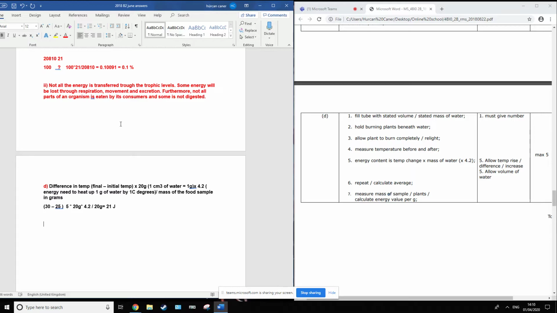So let's write an answer to this. The question says you have this apparatus. Explain how the student could use this apparatus to find the energy content of the plants.